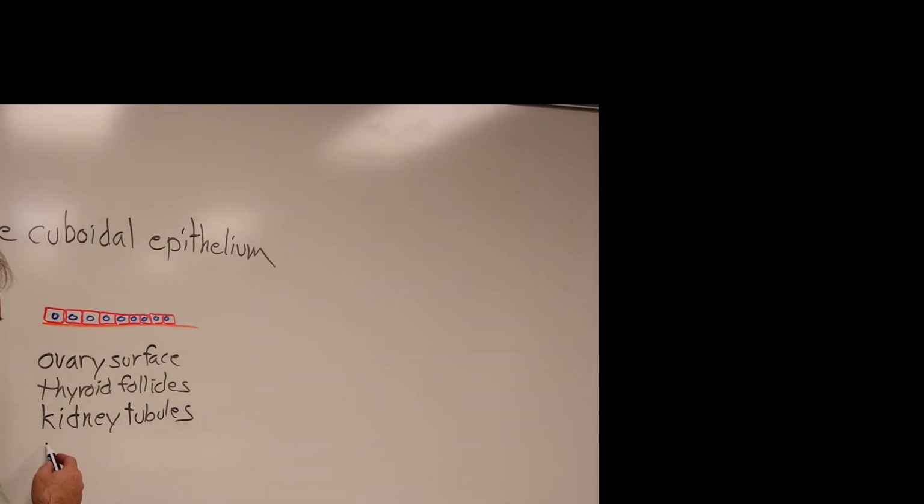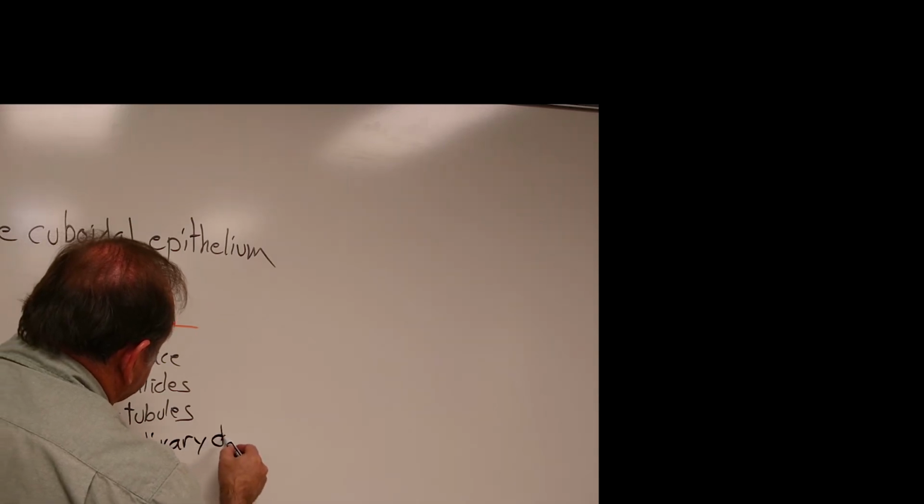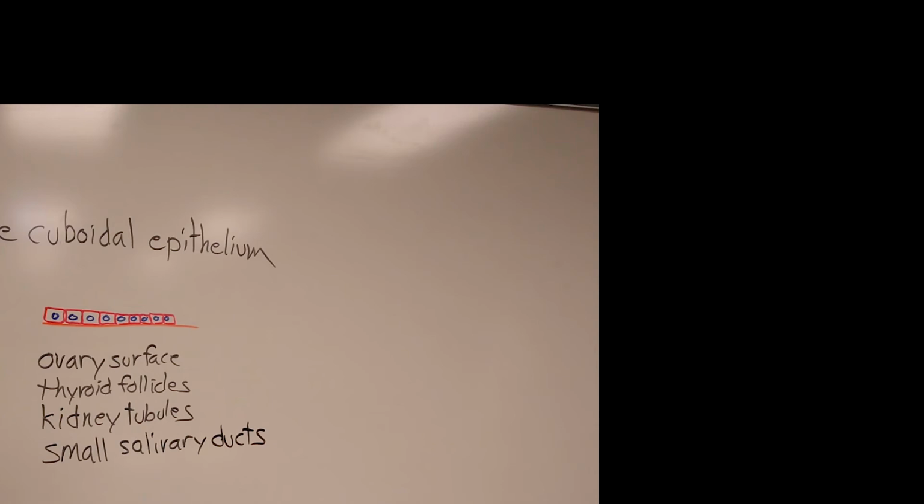The next one would be small salivary ducts. And ducts of maybe some other kinds of glands you could think of, small ducts in the body. But anyway, these are some examples of places where you find this simple cuboidal epithelium.